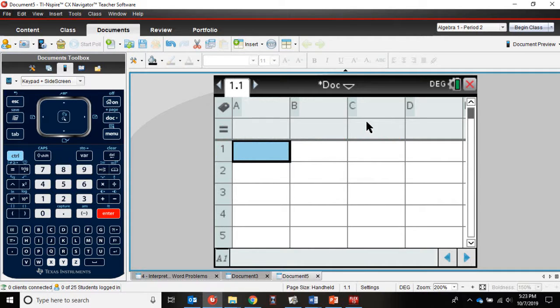So when we label our variable, we scroll all the way up to A and put X. We scroll back down, and we go over to B and put our Y. We don't write anything in the equal sign box, okay? If you type something there, it's going to fill in your whole table, and you don't want that because you only have 2 points. So your 2 points are 1, 1, and you write them next to each other like an ordered pair, X and then Y. And then we put the other point, 2, -1.